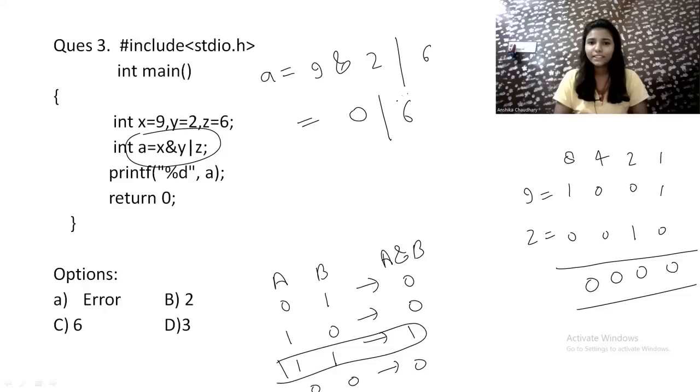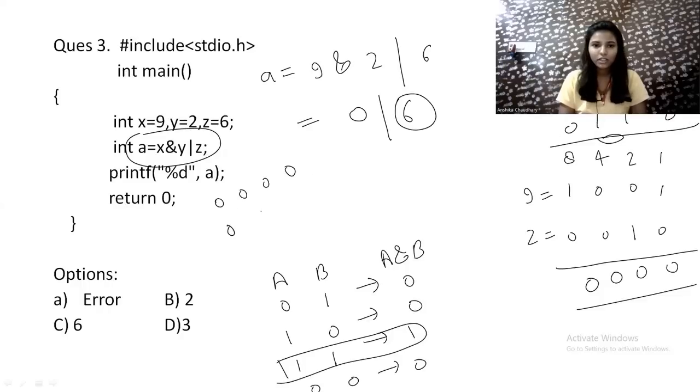Now what is 6? 6 is a non-zero value and we can say it acts like 1. So when we perform the OR operation on this, we have 0 0 0 0, and for 6, what is the binary code? 4 and 2 make 6. So we will write 1 1 and 0 0, we can write it like this.